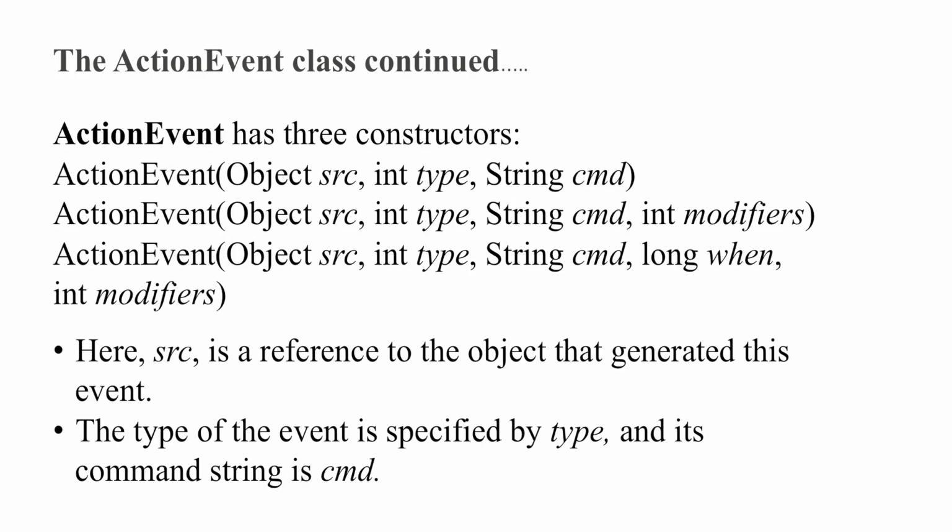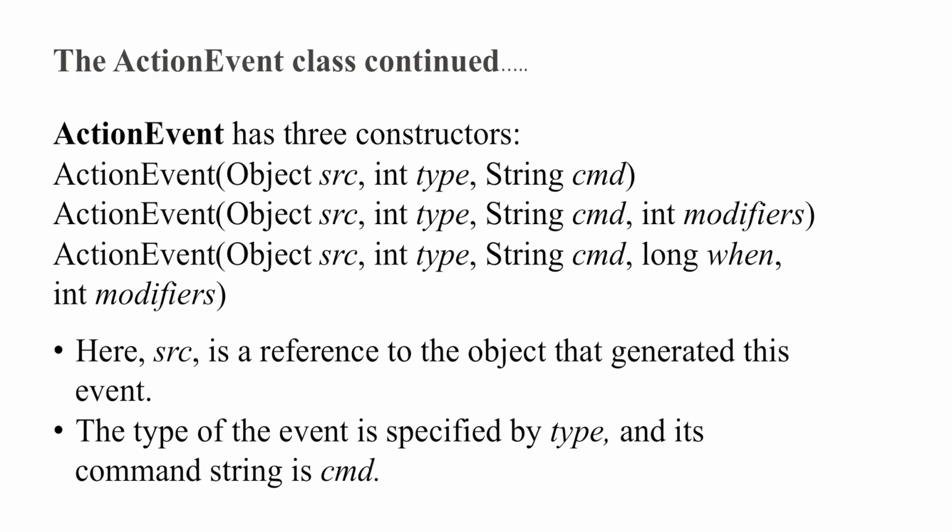Action event has three constructors. We have ActionEvent(Object src, int type, String cmd). Here src is the reference to the object source which generated this event, and type is the type of event, with cmd as the command string.